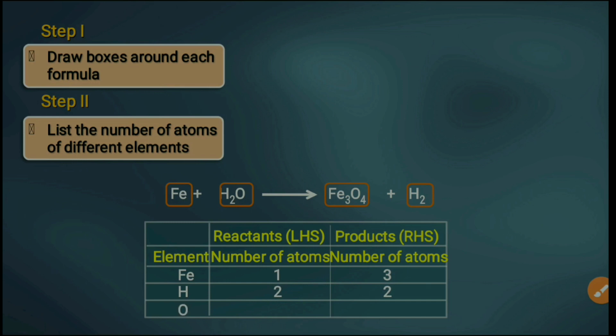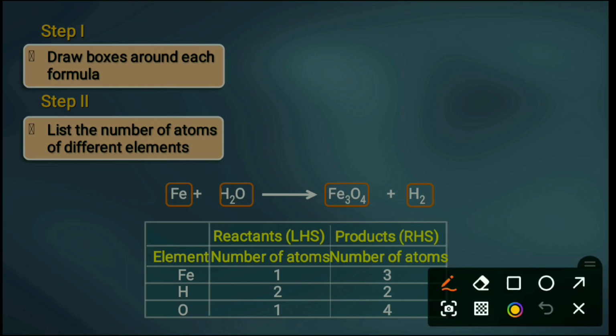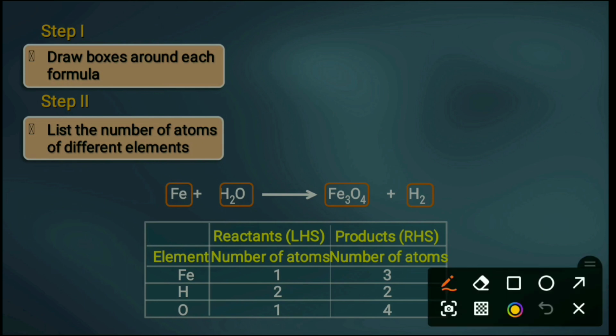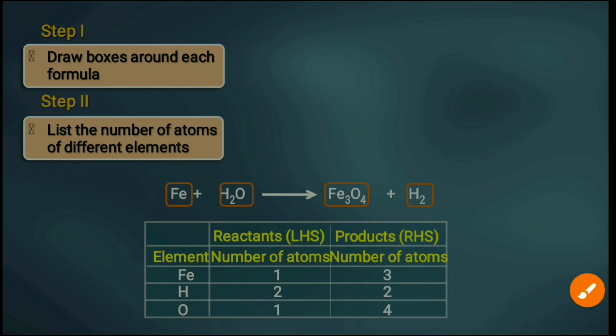Oxygen in the reactant side is 1, and in the product side it is 4. So only hydrogen is balanced, and we have to balance iron and oxygen now.